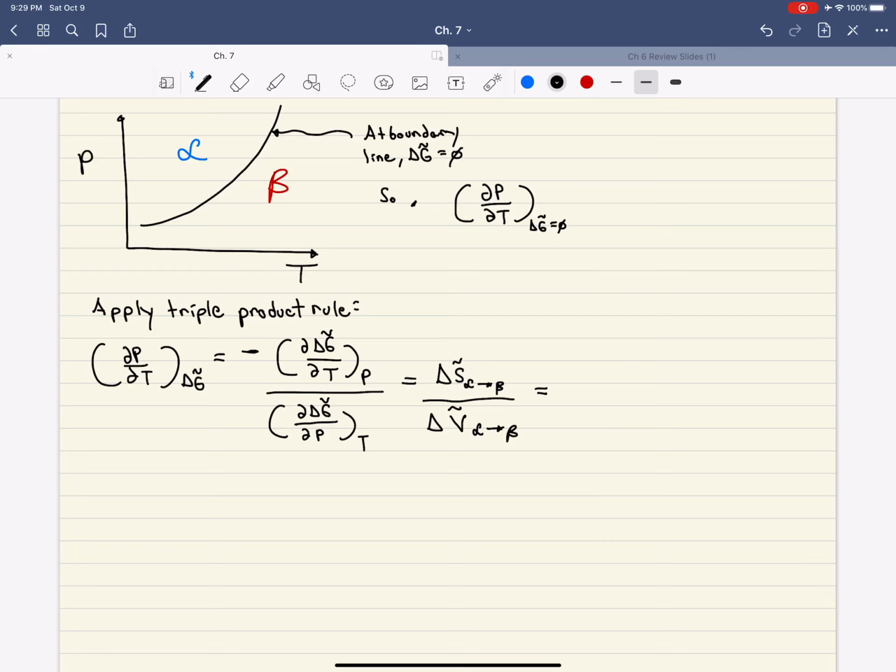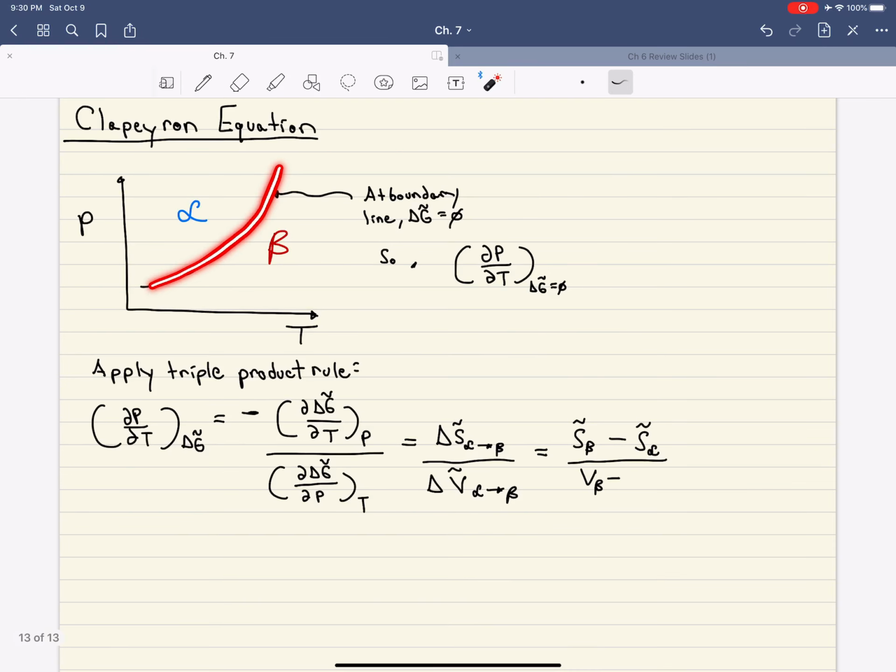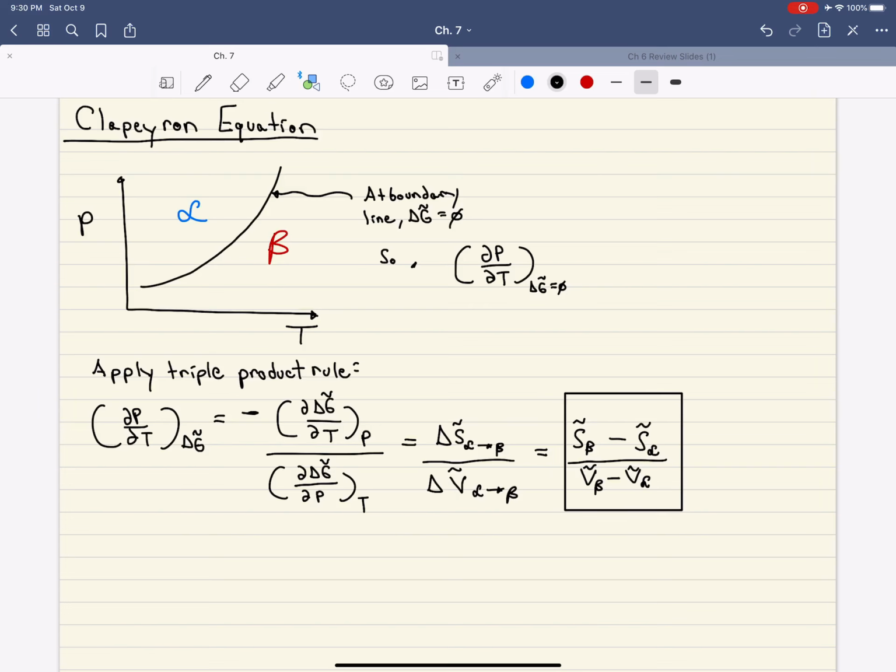And so, if we just write the deltas out, what we get is that that slope, that boundary line between the two phases, is just the ratio of the differences between the entropies and the molar volumes of the two phases. This ratio, which is pretty simple actually, is known as the Clapeyron equation.